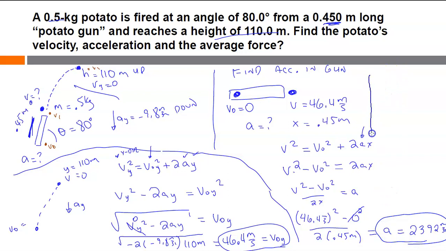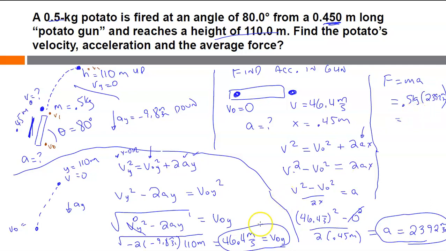And I think I've got just enough room here to squeeze in number 3. They say, go get me the force. And I get a big grin on my face because I know that's easy. F equals ma. I've got the mass is 0.5 kilograms. I've got the acceleration 2392 meter per second squared.